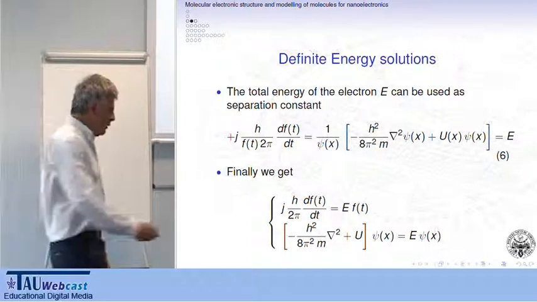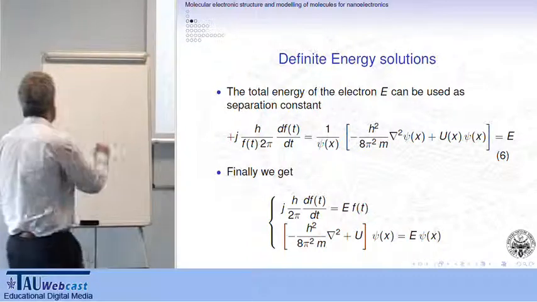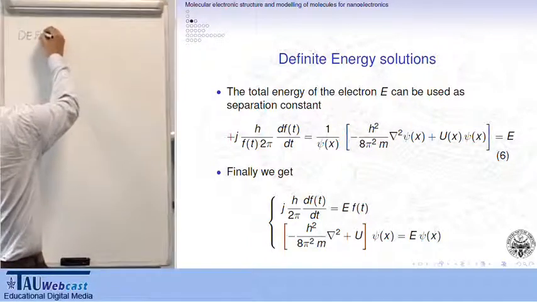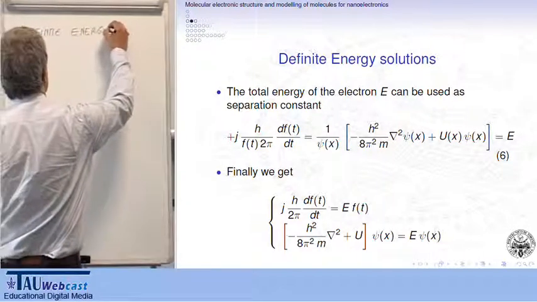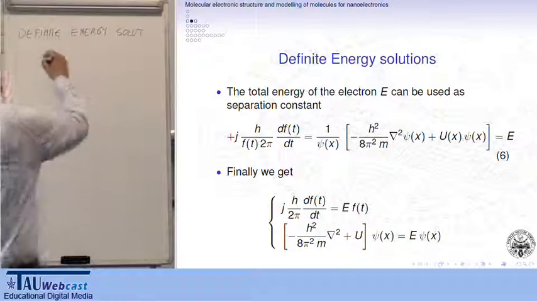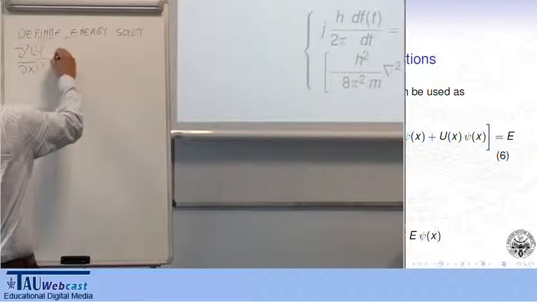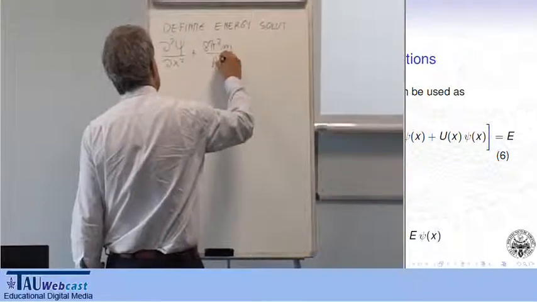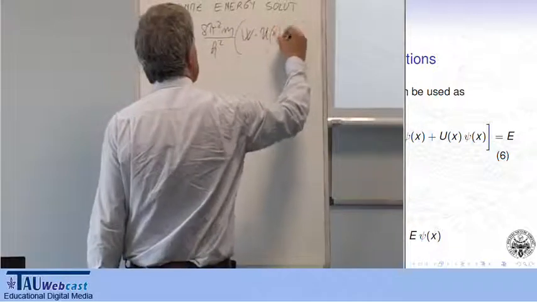So probably you know that the Schrödinger equation can be seen as a system where, for a definite energy solution, you have an equation with the total energy minus the potential energy.